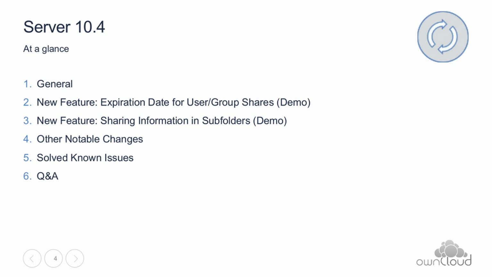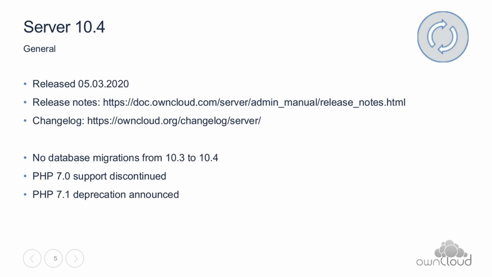So let's directly get into things. ownCloud Server 10.4 has been released last week. As usual, we have release notes and a changelog. For those who are maybe new to ownCloud, the release notes usually have their focus on administrators.